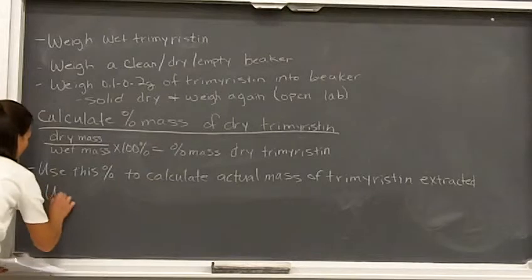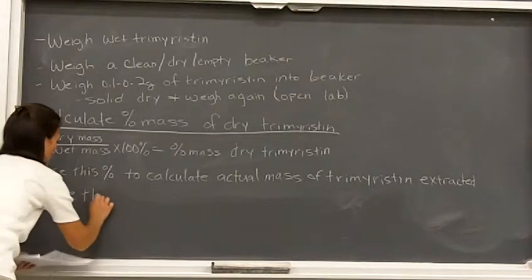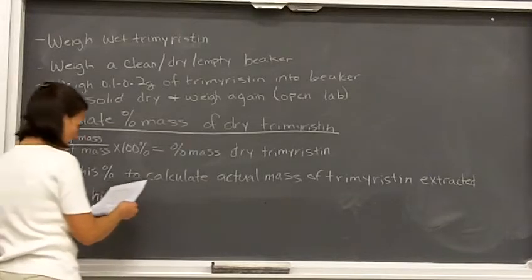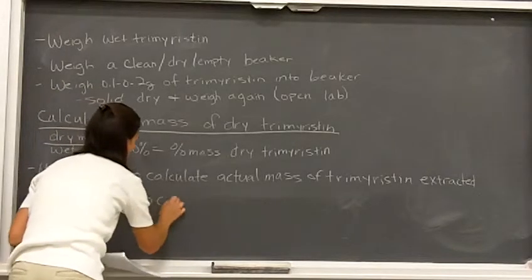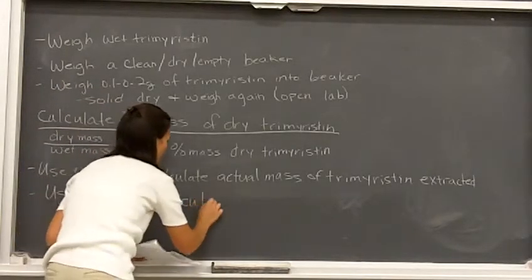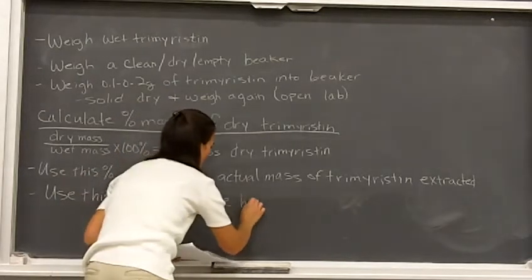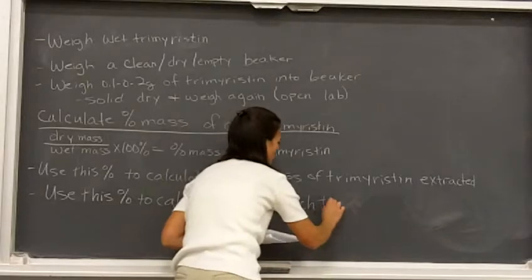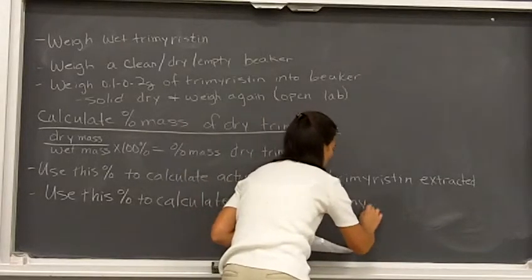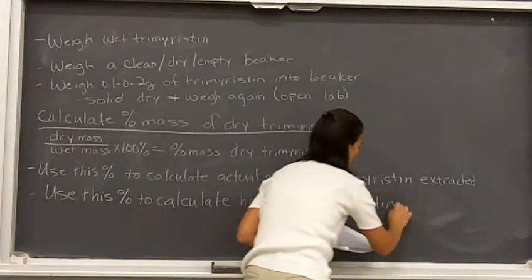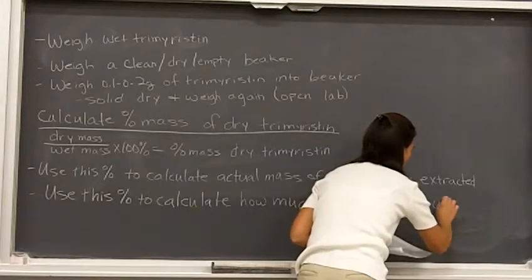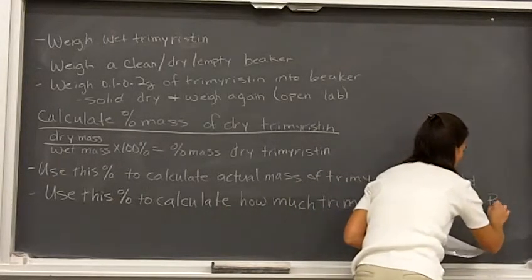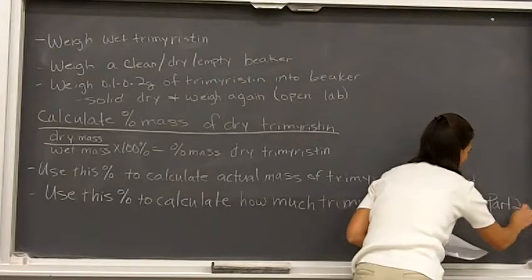So you use this percent to calculate how much trimyristin is used in part 2. And part 2 is the formation of the myristic acid.